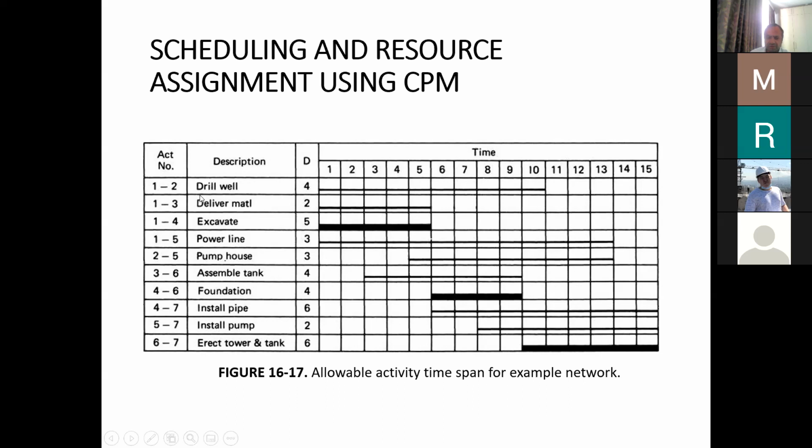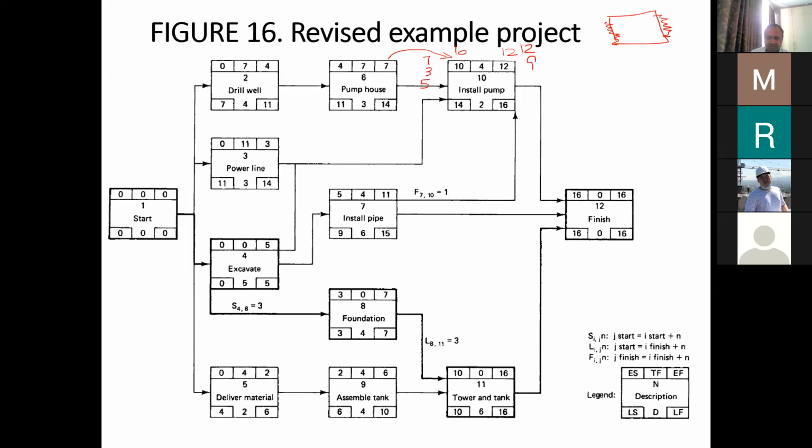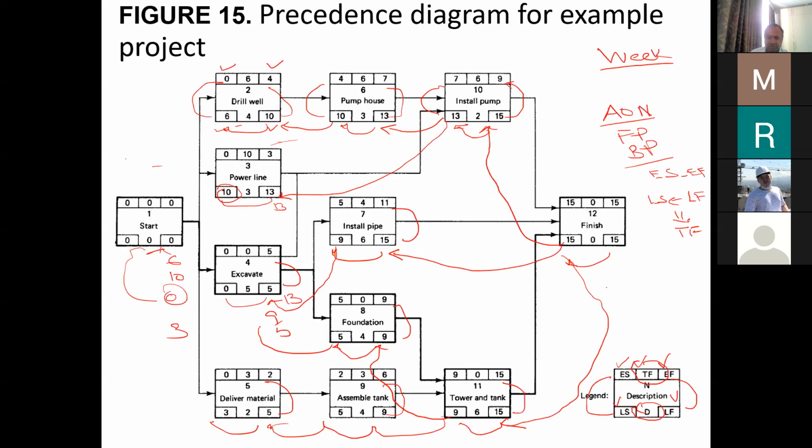You see that this is the bar chart which we can draw from this schedule. So for example, how can we draw this bar chart? You can take the early start and late finish time of each activity.